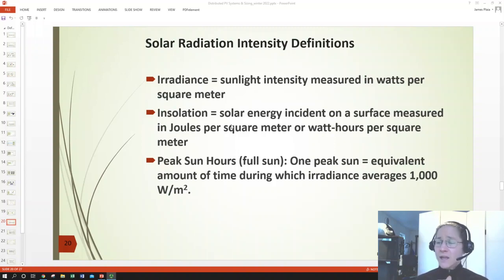So if you're down on the equator at high elevation and you're getting 5,000 watts per square meter, you would need 1/5 of the time to get that STC as you would somewhere that's only getting 1,000. So the peak sun and irradiance are effectively equivalent, but peak sun is normalized to STC, and you'll see both of them.